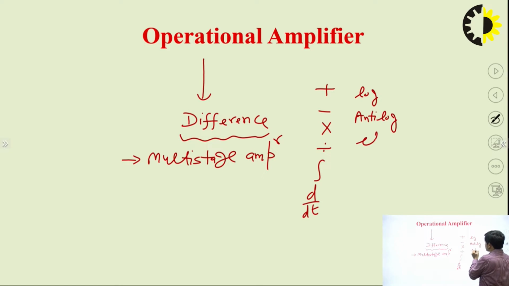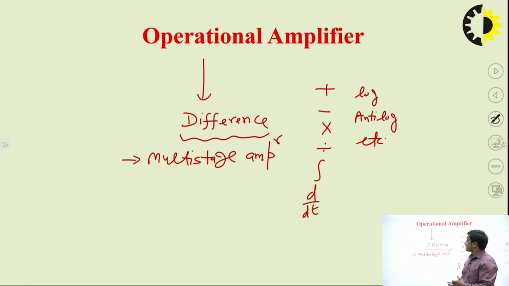There are various other applications also. These operations can be performed with the help of operational amplifier. That's why it is called operational. And another thing about operational amplifier is it is a high gain amplifier, because it is a multi-stage amplifier.